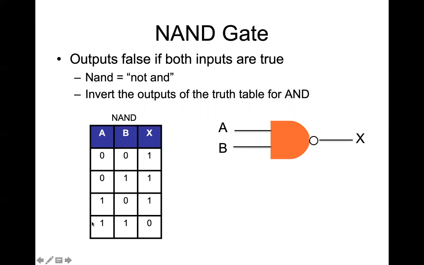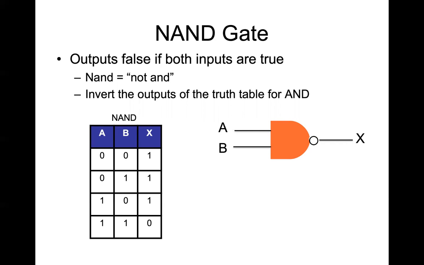The last case, A and B both 1, is where the AND gate would have output 1, but the NAND gate inverts it, and so it outputs 0. It's the exact opposite of an AND gate: the output value is always the opposite of what an AND gate would have done.